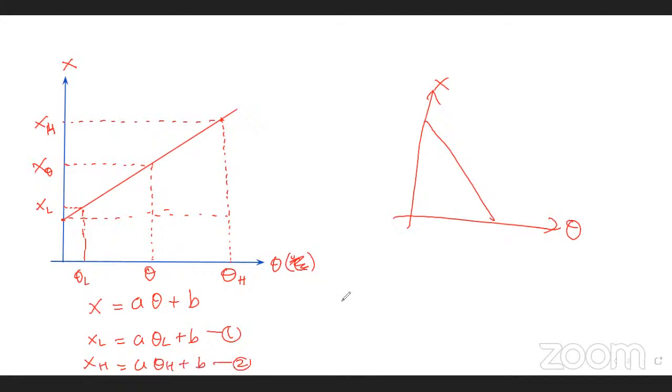Right. So you can subtract the first one from the second. Then you can write XH minus XL equals, here B is cancelled, so A times theta H minus theta L. So then you can find A. That's why this should be the linear condition.